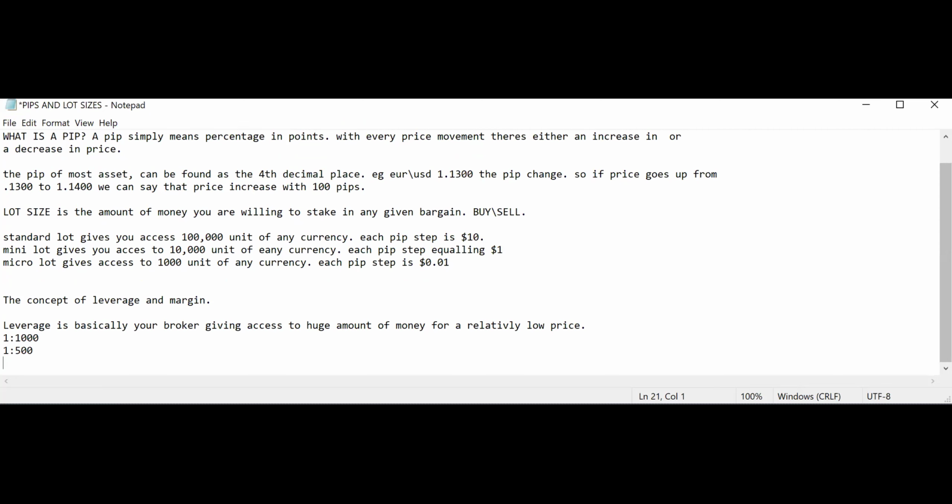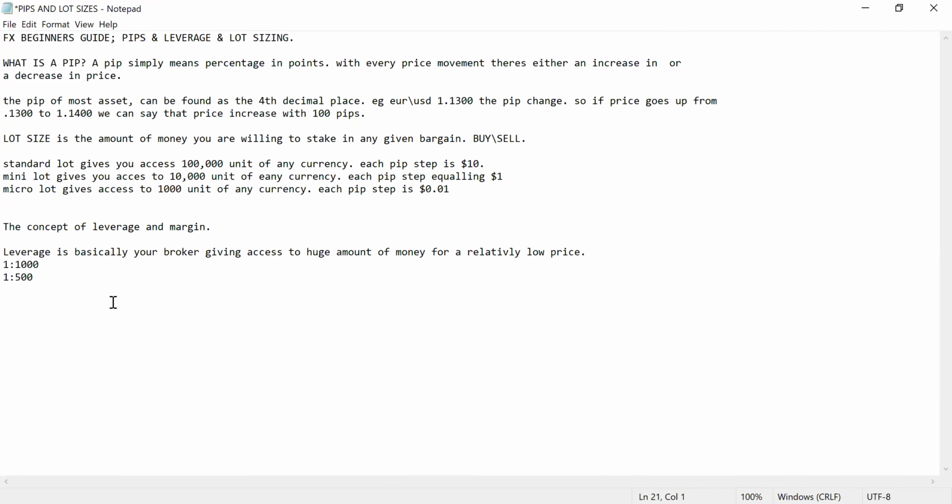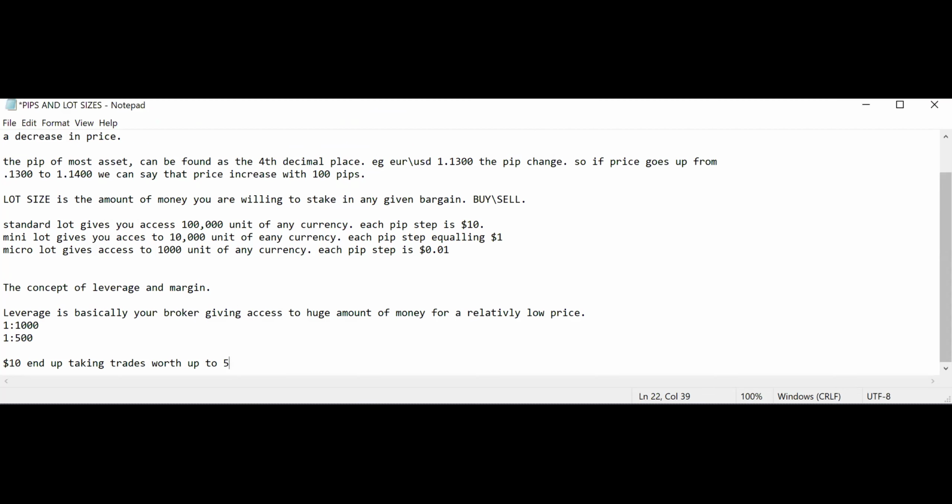Basically, what this is saying is that you can deposit $10, for example, and end up taking trades worth up to, let's be realistic, $500, because that's what 1:500 means.